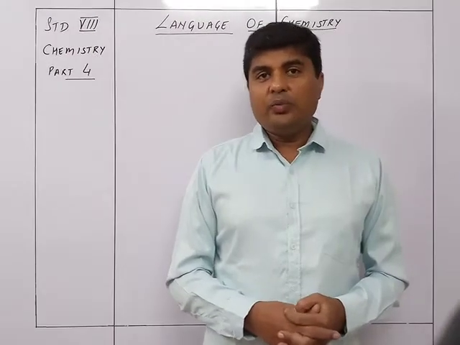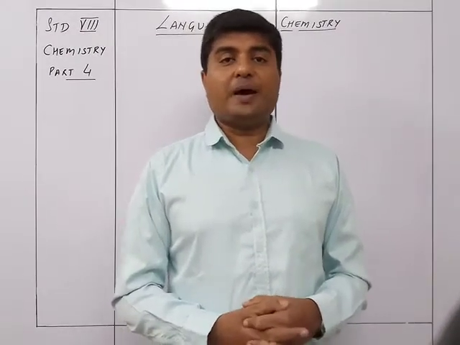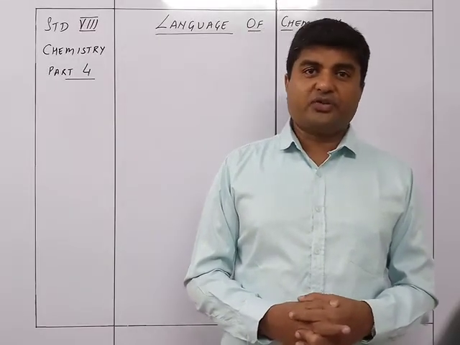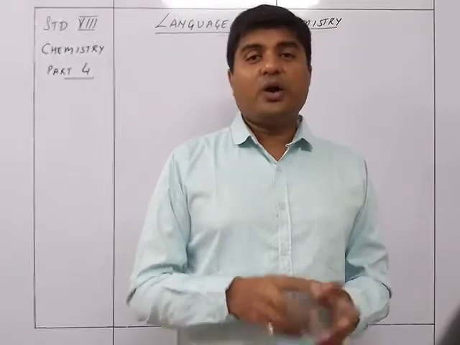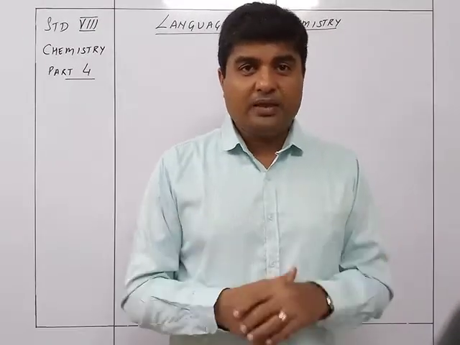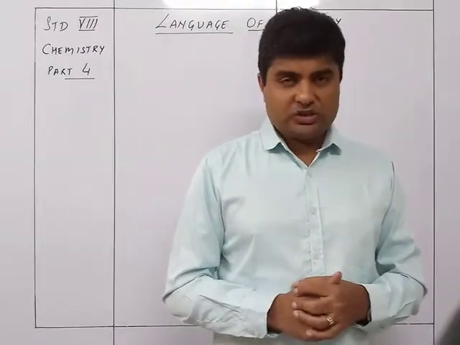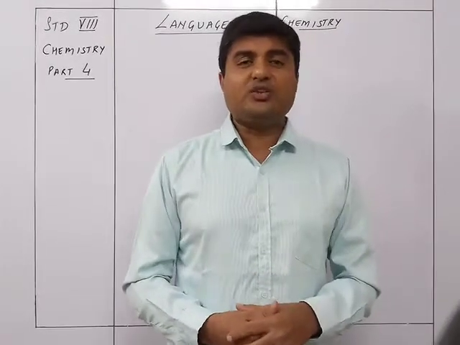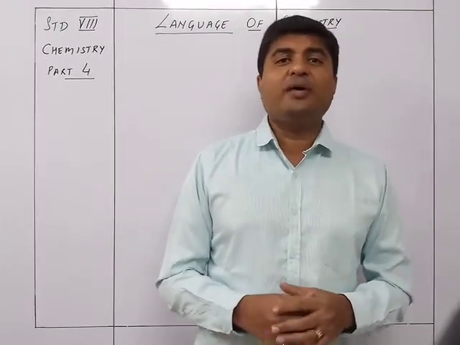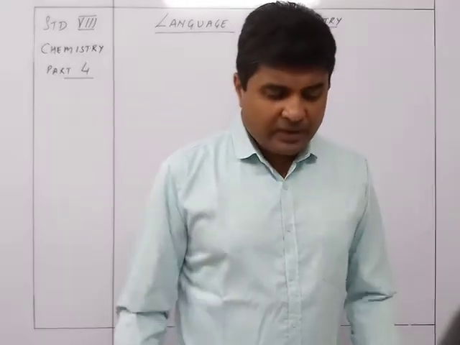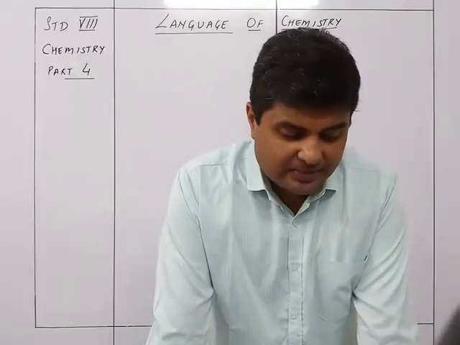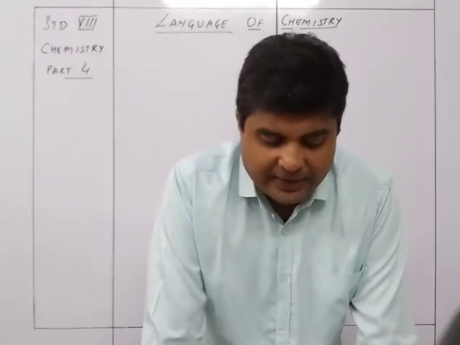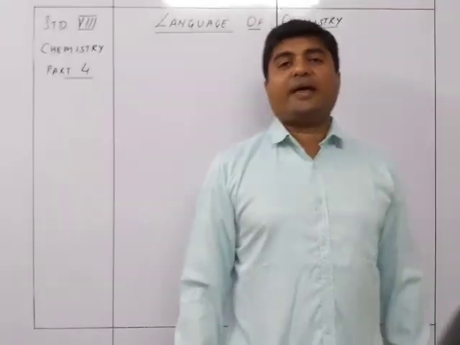And now we come to the next part, and that is the sentence formation in case of chemistry. That is, you are now going to frame the chemical equation. So the chemical equations can be compared to the sentence formations in any language you are learning. The chemical equation is a shorthand form representing the result of a chemical change.